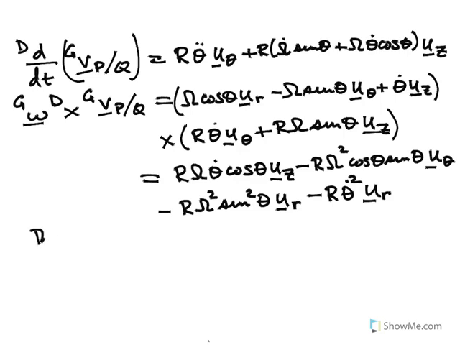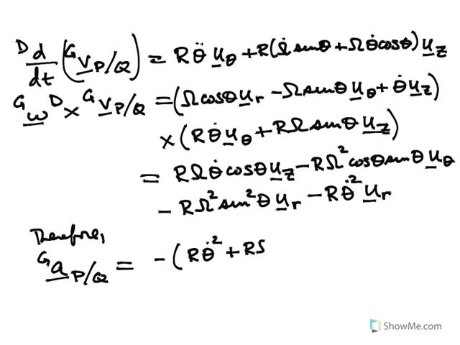So therefore, the acceleration of p relative to q in g is equal to, let's gather up the terms here. I've got minus r theta dot squared plus r omega squared sine squared theta times ur. That gives me that term. And then you'll see that in the u theta direction, I've got a minus r omega squared cosine theta sine theta and an r theta double dot.